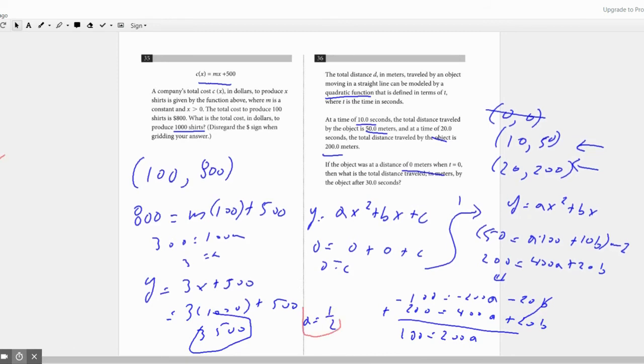Now we have our a equals 1/2. And just like a normal system of equations, we're going to plug back in, and we're going to go up here to do it in the beige. So we have 50 equals 1/2 times 100, plus 10b. Plugging back into this equation, you can do either of the two.